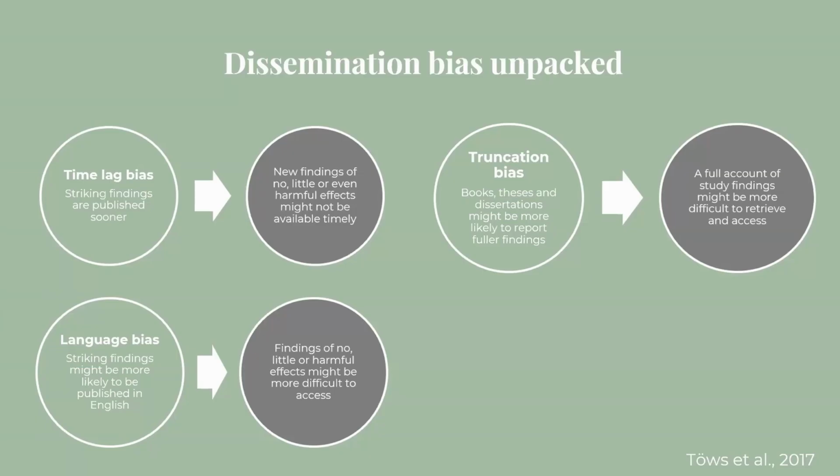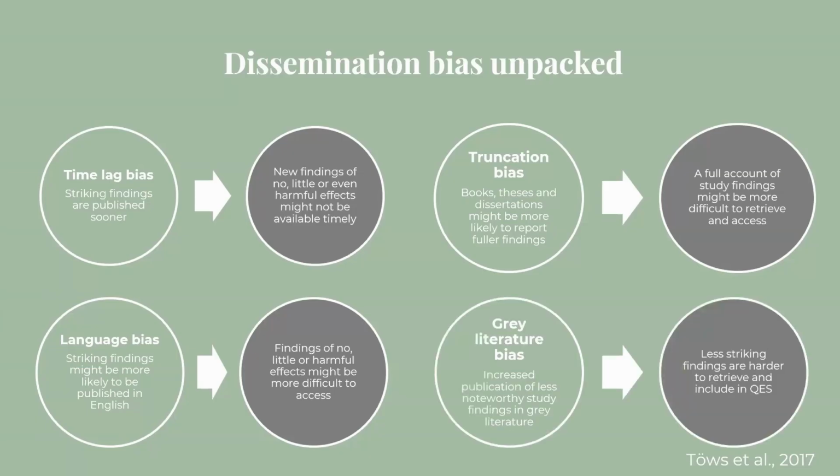Then lastly, as a related bias, we have gray literature bias, and we found, or we suspect, that there's increased publication of less noteworthy study findings in outlets other than peer-reviewed journals.